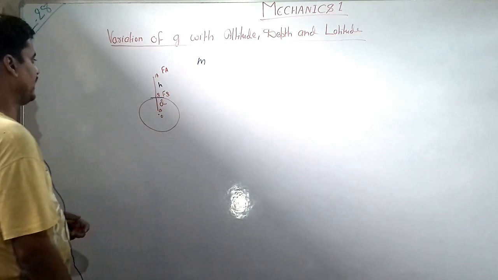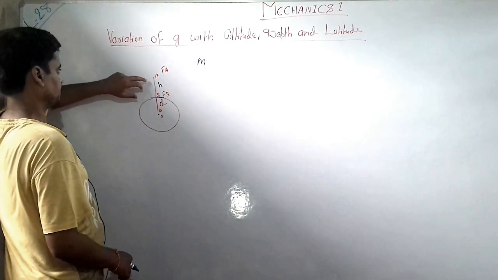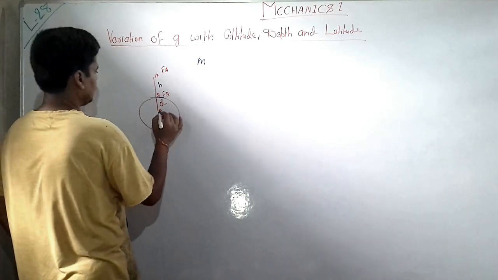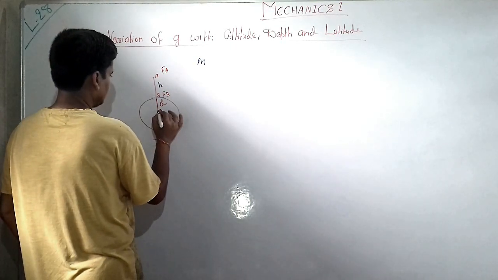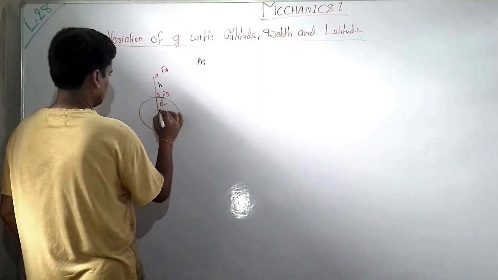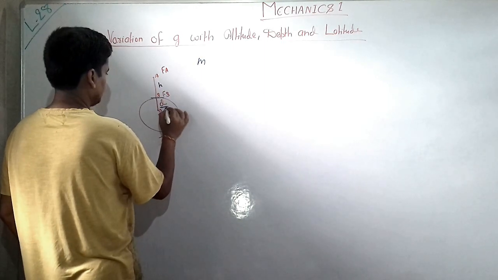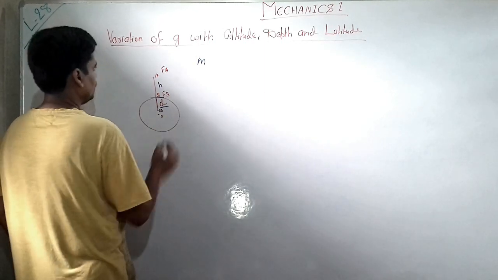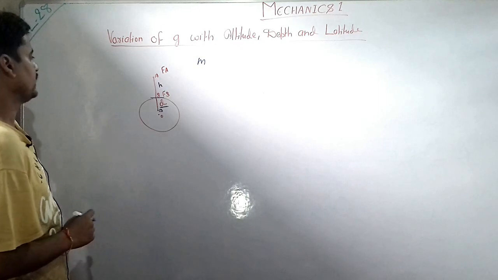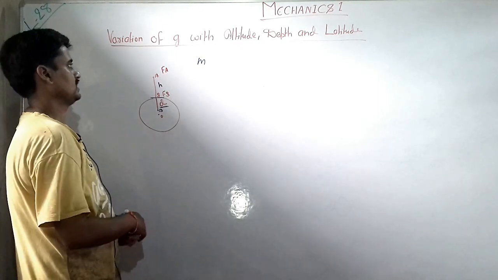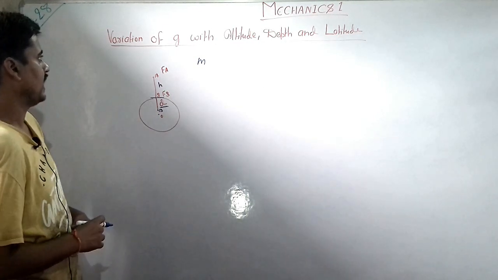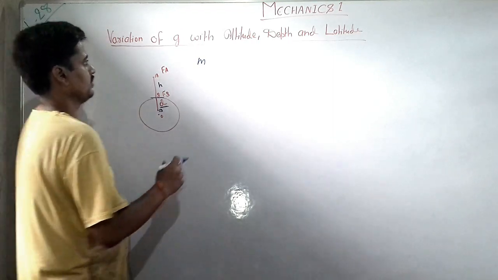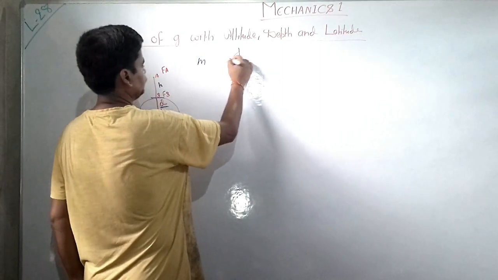So we have to find the gravitational acceleration at A. Also we have to find the gravitational acceleration beneath the surface of the earth at depth d, at point B. So how we can calculate the gravitational acceleration at some altitude, some depth and also at some latitude lambda.